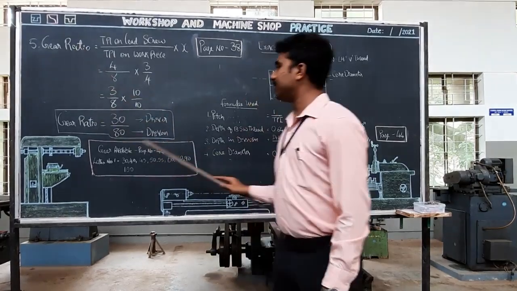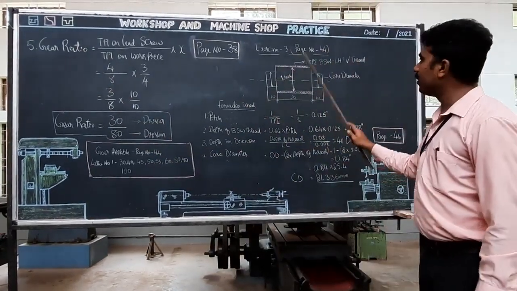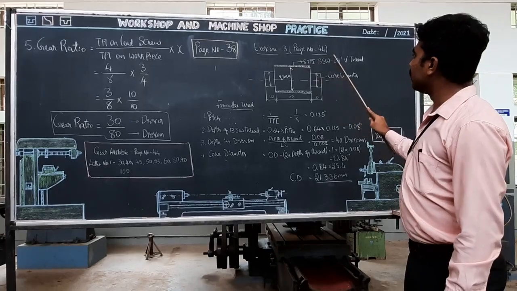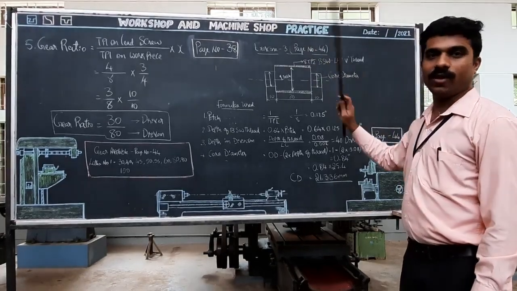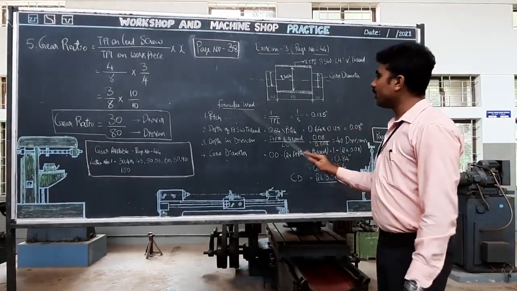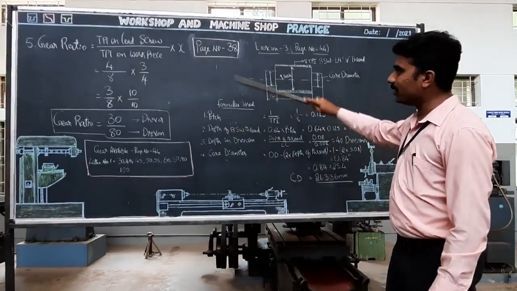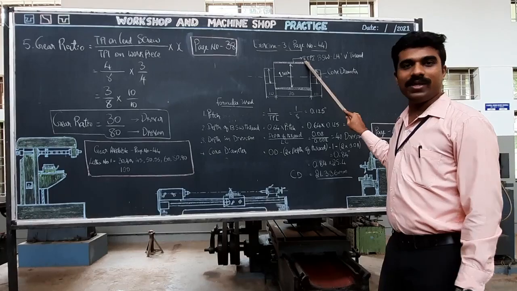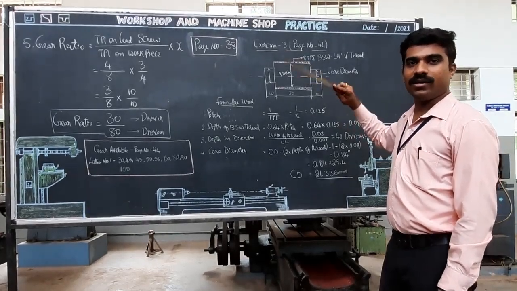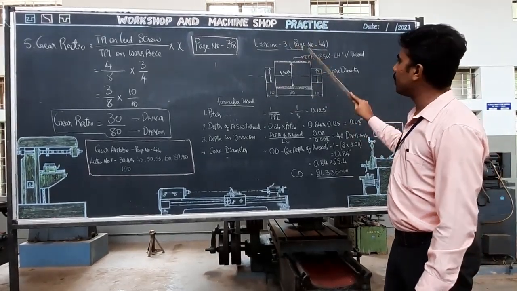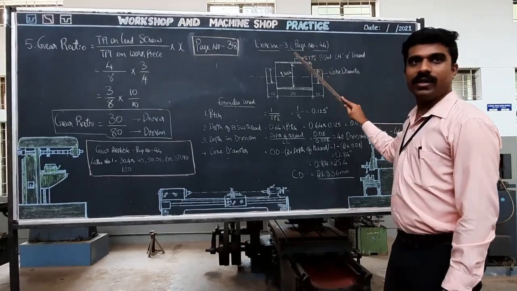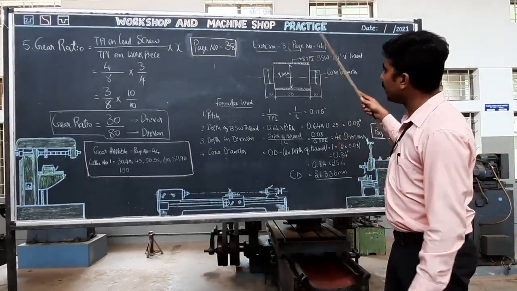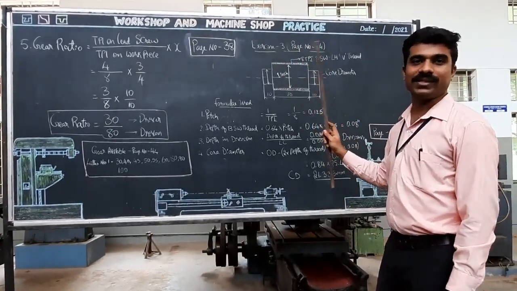When you know the gear ratio, you can easily fabricate an 8 TPI left hand V thread on your workpiece. You should know what TPI they have asked in your exam. As of now, we are calculating for 8 TPI. It would not be the same in your exam; it could be 8 or 7 or any other number.